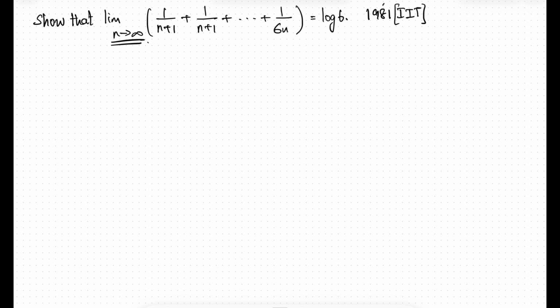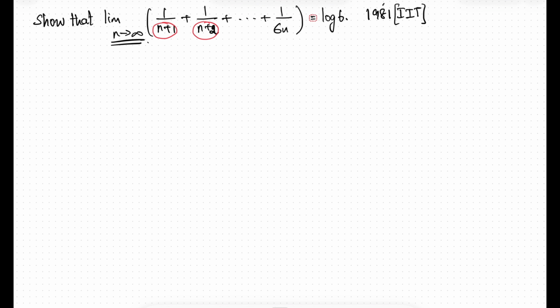In order to solve this particular problem, we'll have to find the general term for this summation of the sequence. So let us simply observe the denominators. In your denominator, here you have n plus 1 and here you have n plus 2.